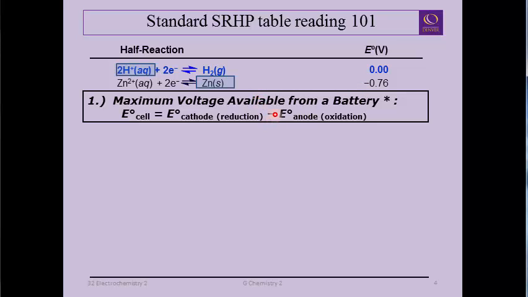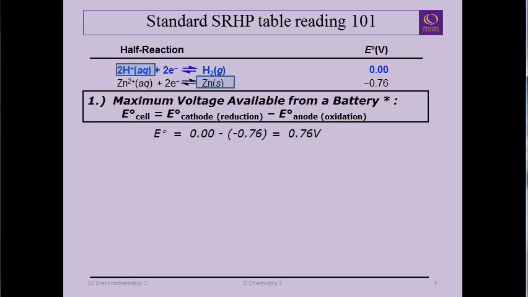The beauty of this subtraction is it automatically accounts for the fact that this reaction is running in reverse and you would change the sign. You don't have to do any of that. You can plug it in directly as 0 minus a minus 0.76, and you are looking at a 0.76 volt battery from what we have diagrammed on the other page.